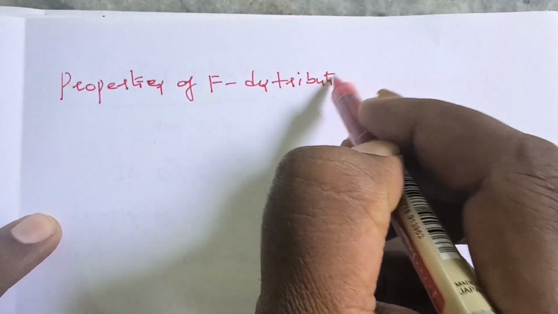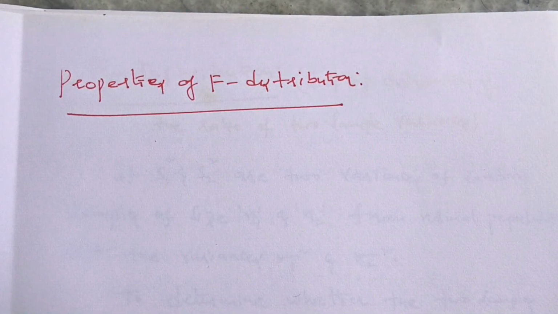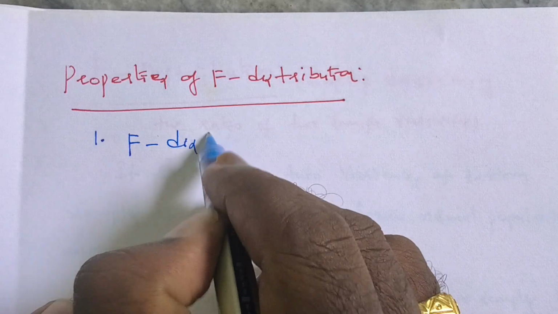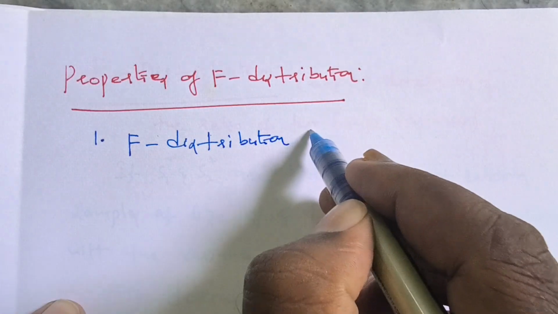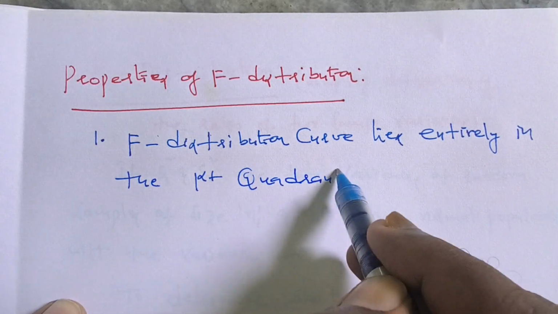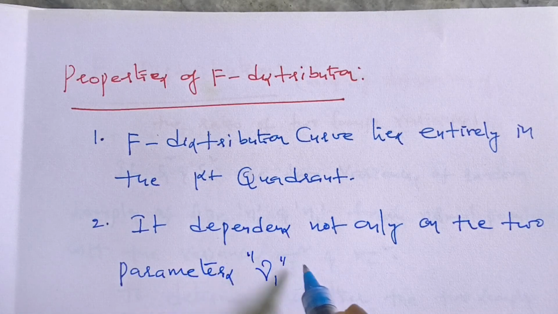Now look at the properties of the F distribution. What are the properties? The first property is that the F distribution curve lies entirely in the first quadrant.